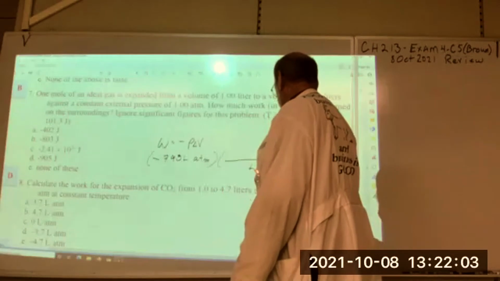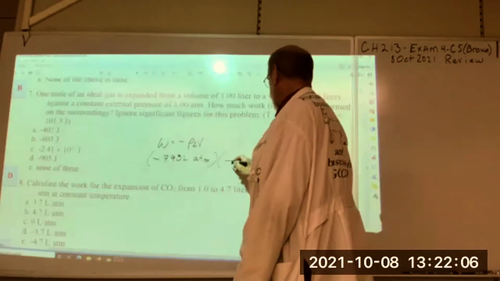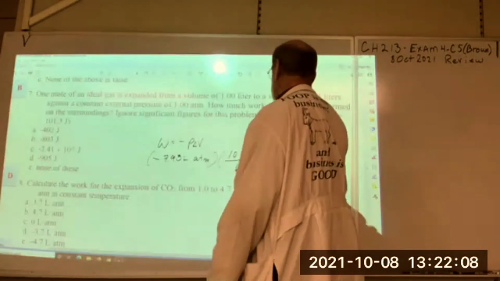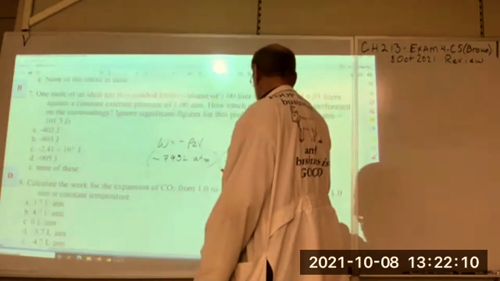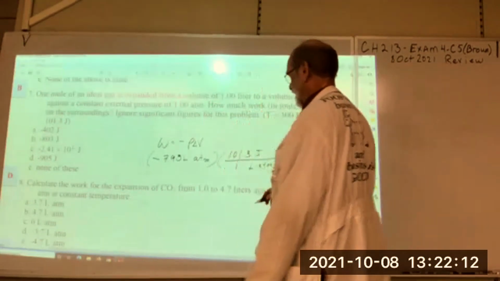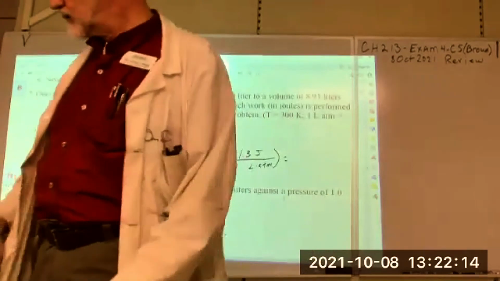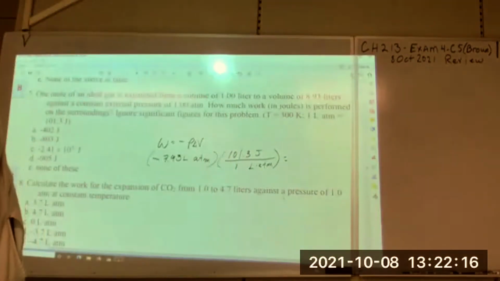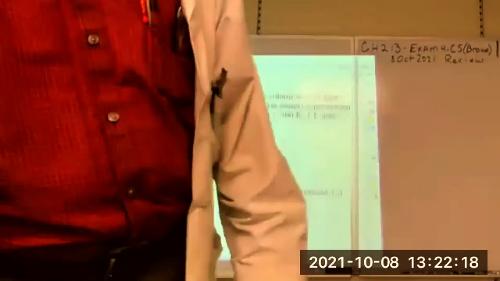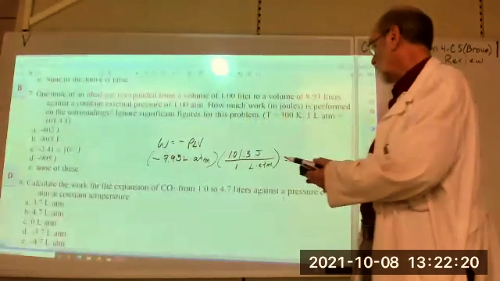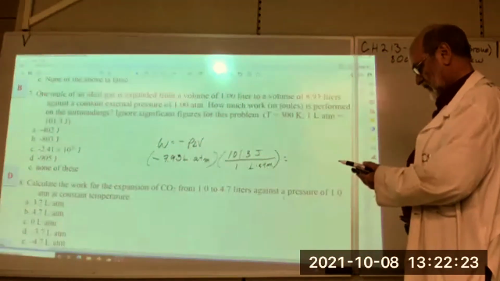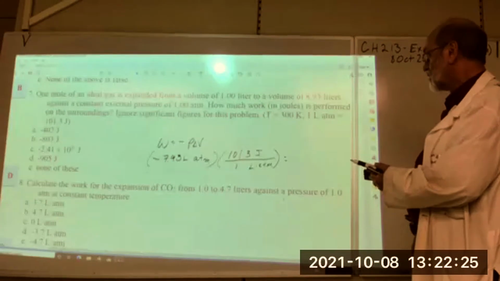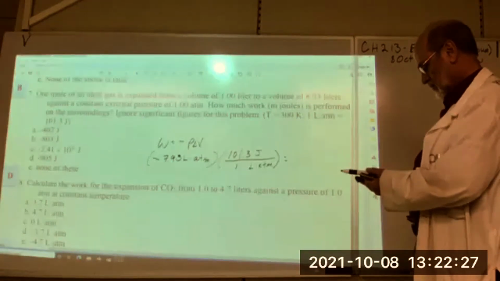So liter atmosphere here is 101.3 joules. We multiply those. $7.93, I have to change the sign. 101.3.